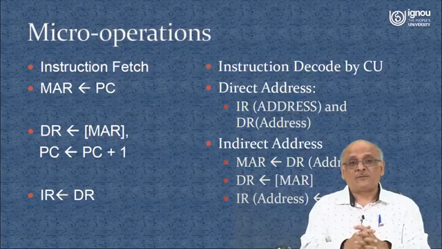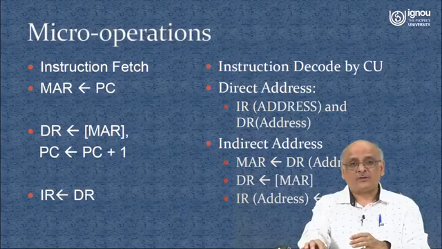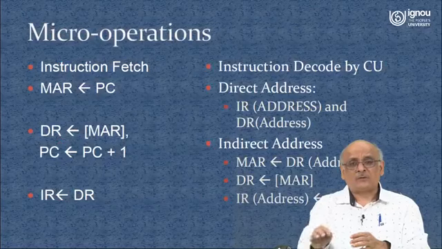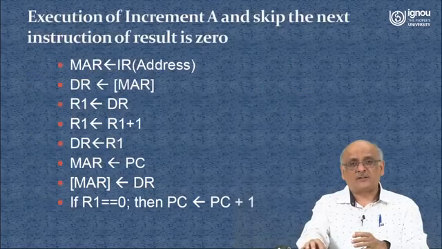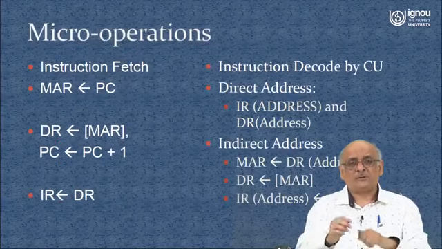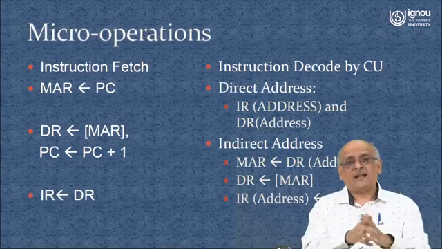Think in terms of any instruction you take. Suppose we assume this instruction: increment A and skip the next instruction if the result is 0. That is add and skip.